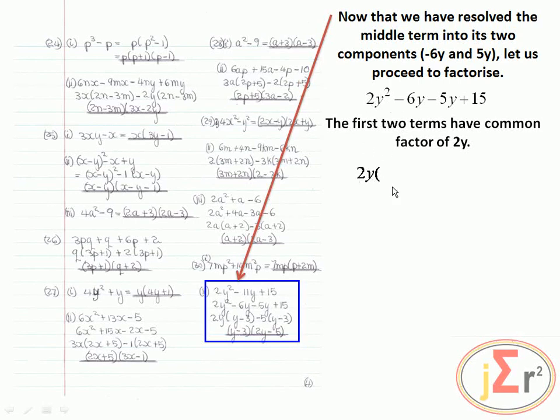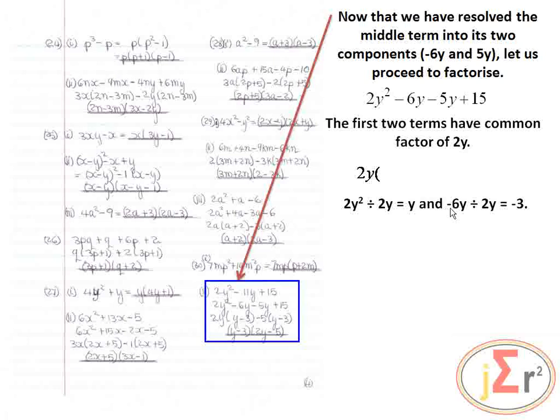Y into y squared is y. 2 into 6 is 3, and the y's are gone. So there we have it. 2y squared divided by 2y is equal to y. And negative 6y divided by 2y is equal to negative 3.